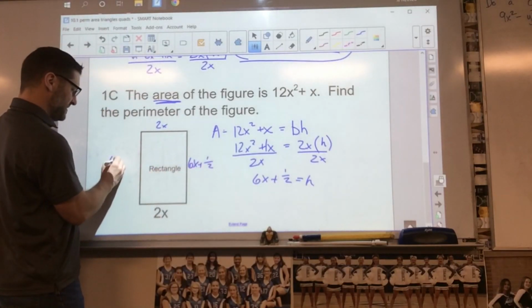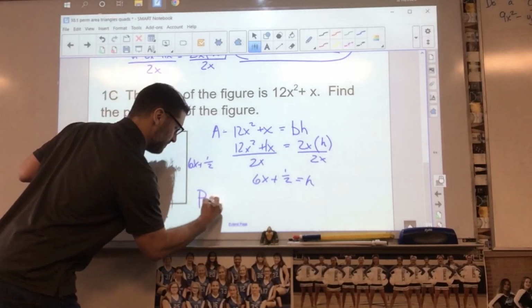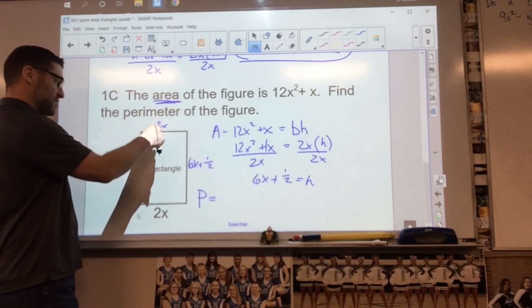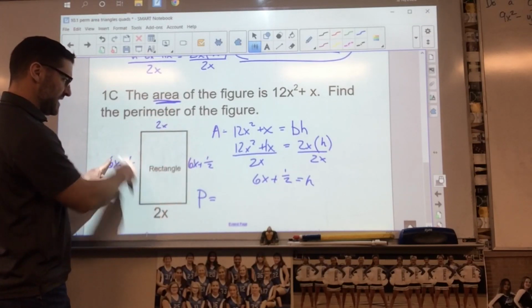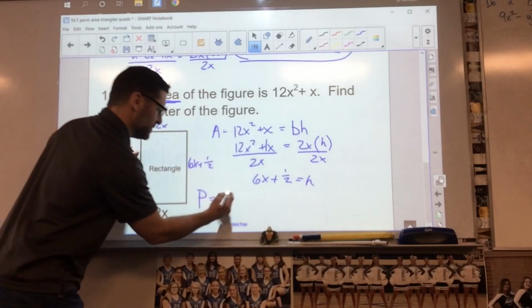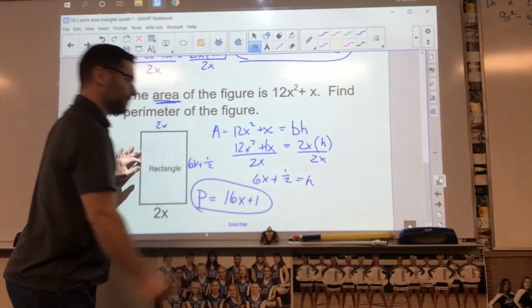That would make this 6x plus 1/2. And the perimeter, the end of the problem, would be what I would get if I would add all these up. 6x and 2x and 6x and 2x. Well, that's 8, 9, 10, 16x. And then I have the halves, so it's 16x plus 1 is the perimeter.